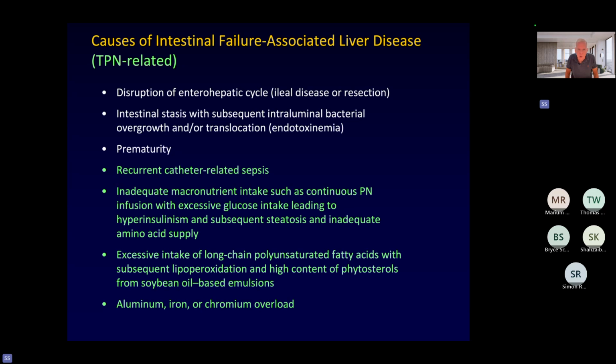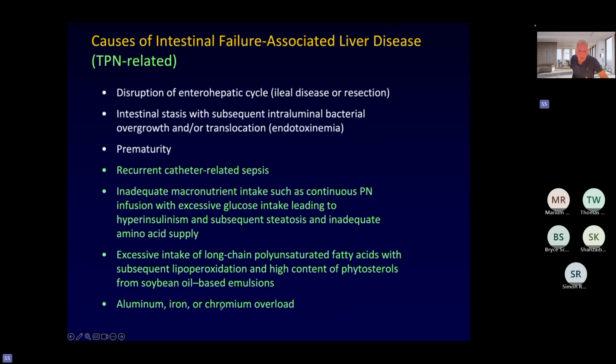Disruption of the enterohepatic circulation, intestinal stasis with bacterial overgrowth and translocation, prematurity, and now we come to the TPN related causes: recurrent catheter related sepsis, inadequate macronutrient intake, or the wrong balance of nutrients, the excessive intake of long chain polyunsaturated fatty acids with subsequent lipoperoxidation and phytosterols, all related to soybean emulsions, and the overload of heavy metals, not only aluminum, iron, and chromium, but also copper.